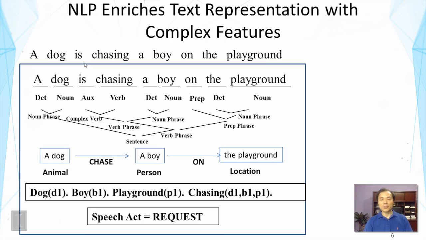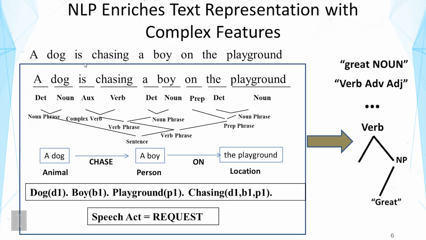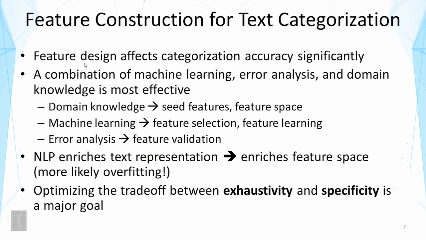Now, with such enriched information, of course, we can generate a lot of other, more complex features, like mixed n-grams of words and part of speech tags, or even a part of a parse tree. So in general, feature design actually affects categorization accuracy significantly, and it's a very important part of any machine learning application.